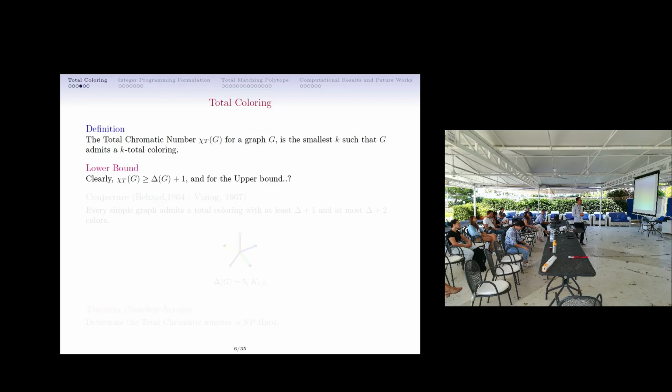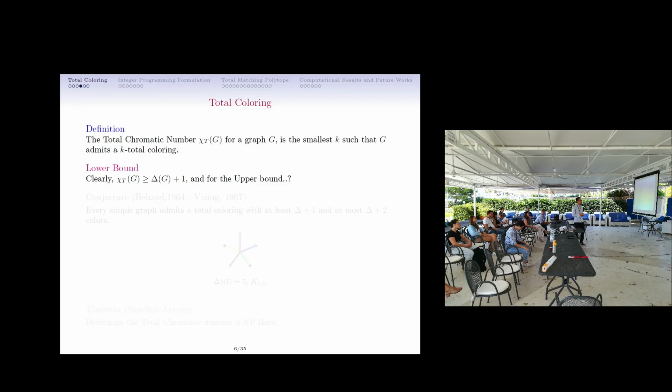A straightforward lower bound is given by the maximum degree of a vertex, that is delta, and so the lower bound of the total chromatic number of a graph G is delta plus 1.